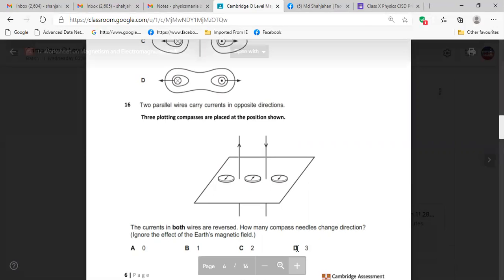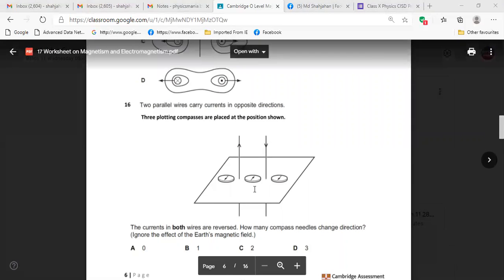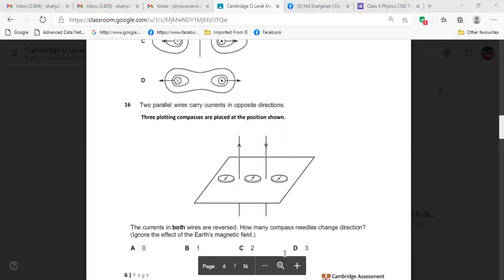If we reverse the current, now it is clockwise, right? Then it will be anti-clockwise if we reverse, right? Then both the compasses will change direction here.